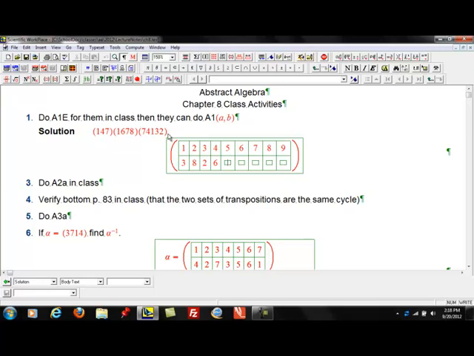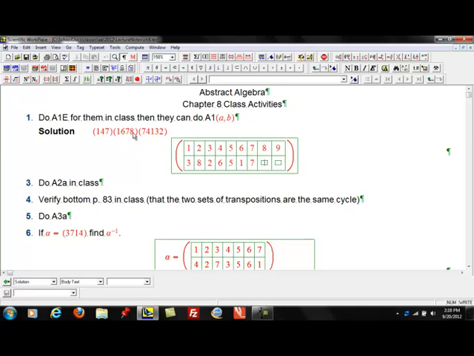So let's look at 5. 5 goes to 5. It's not there anyplace. Tell me about 6. 6 goes to 7, 7 goes to 1. So 6 goes to 1. Tell me about 7. 7 goes to 4, 4 goes to 7, so 7 goes to 7.